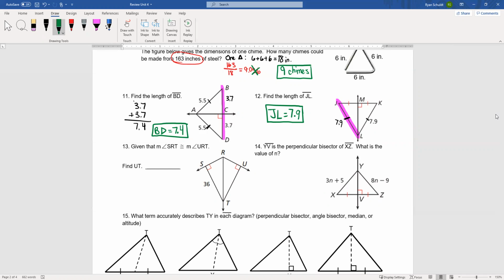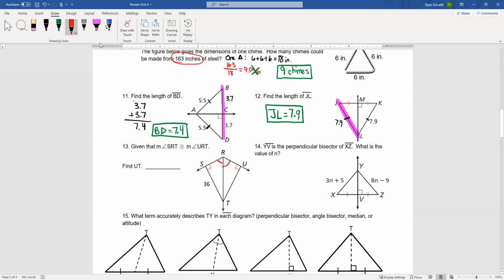Number 13. Given that the measure of angle SRT is congruent to URT, find UT.